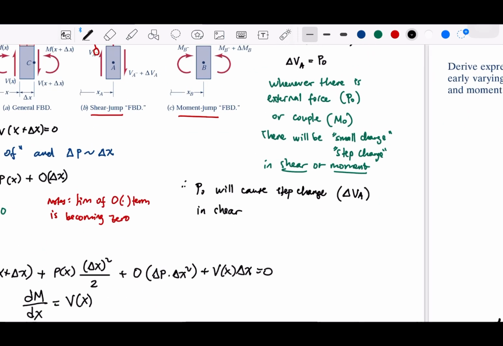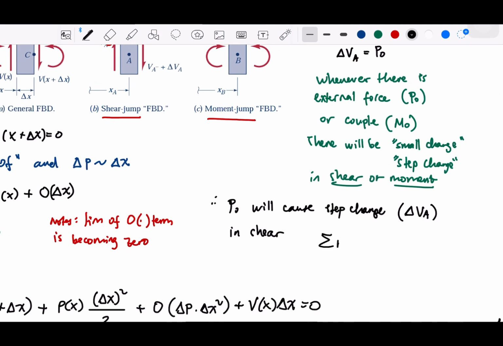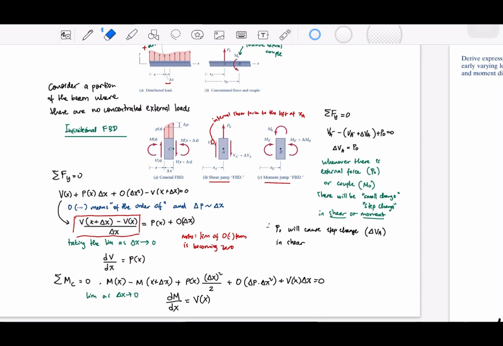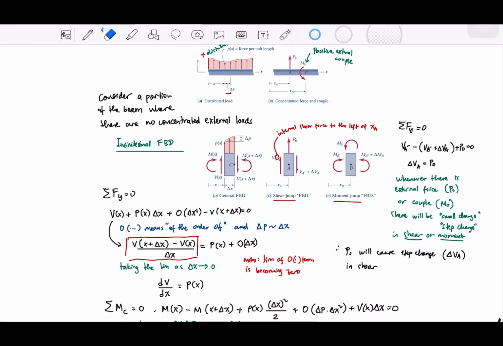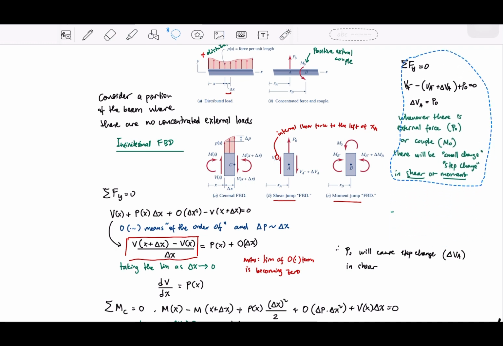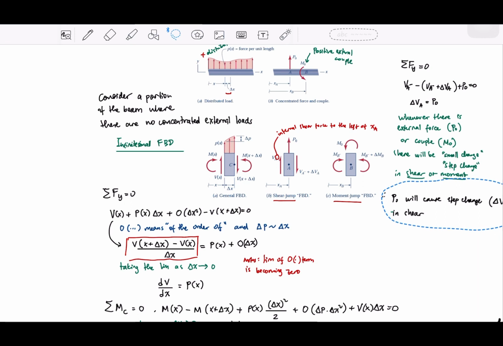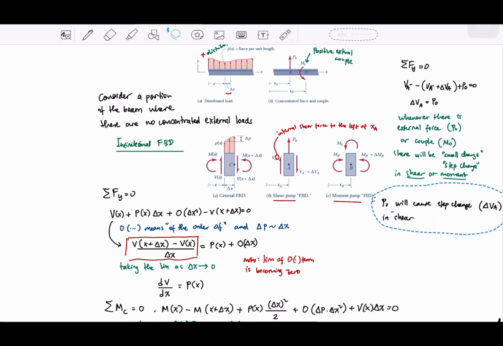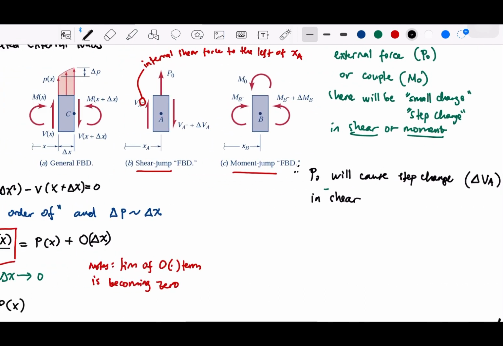Also in the sigma moment, let me write a little bit over here. So in the sigma moment, say B, so MB negative, the left side of the XB.